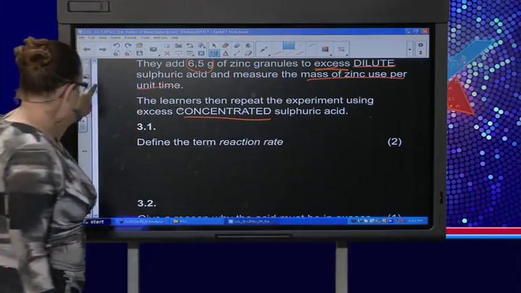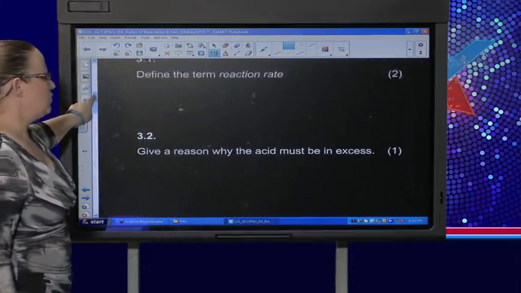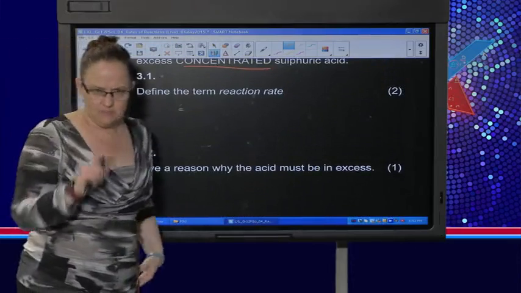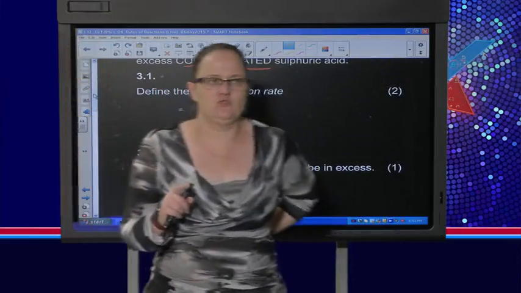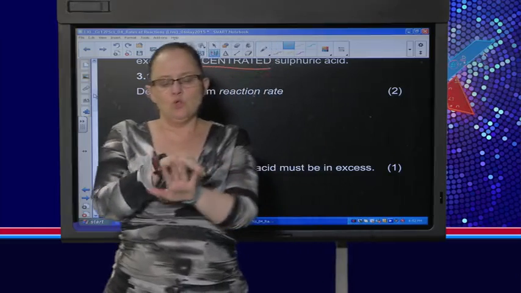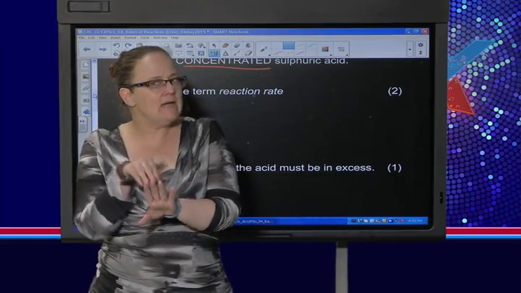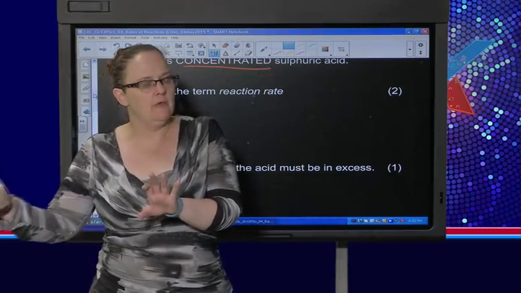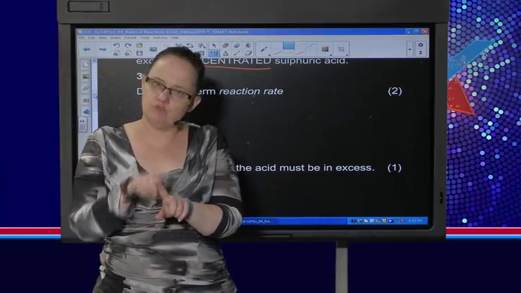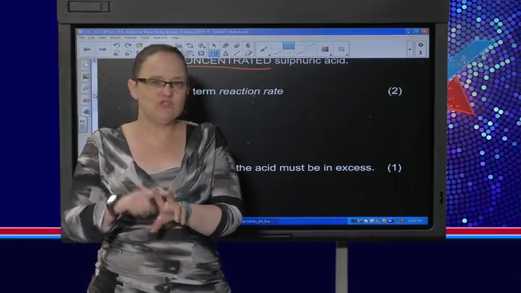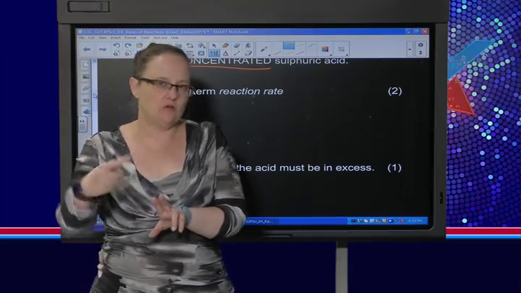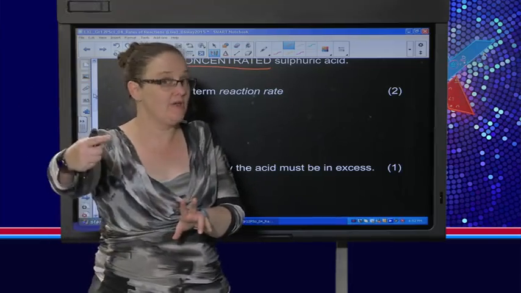Then, the next one says, give a reason why the acid must be in excess. This is an important question, particularly when it comes to drawing graphs. This is a reaction that must go to completion. And by changing the concentration of the acid, we could change where that completion point happens. In other words, how much product we make.